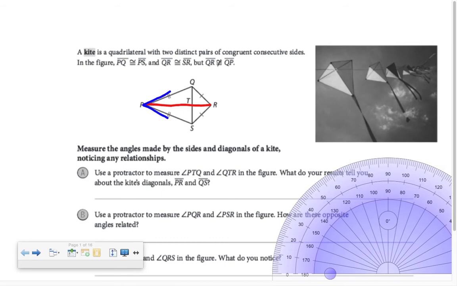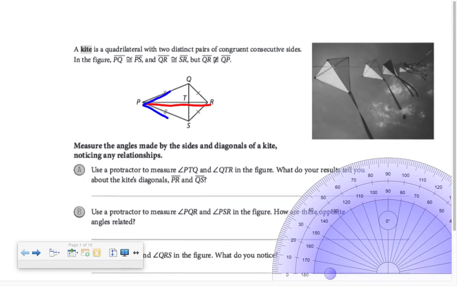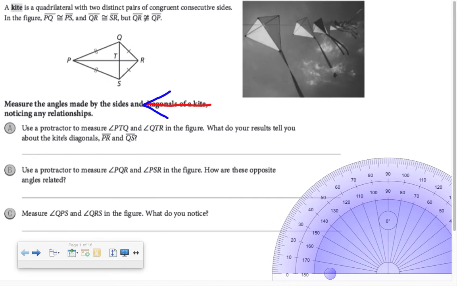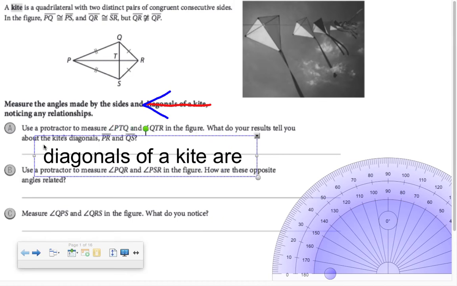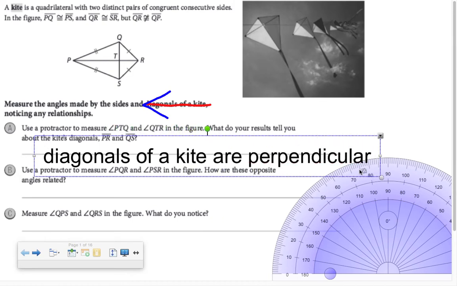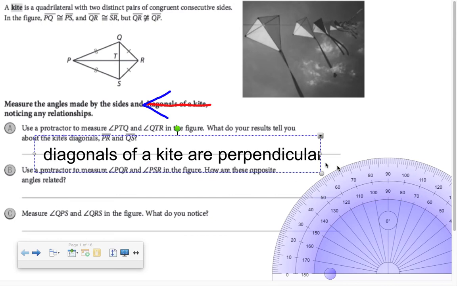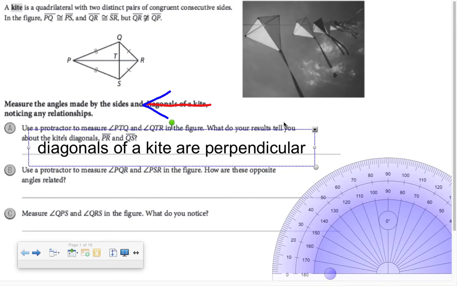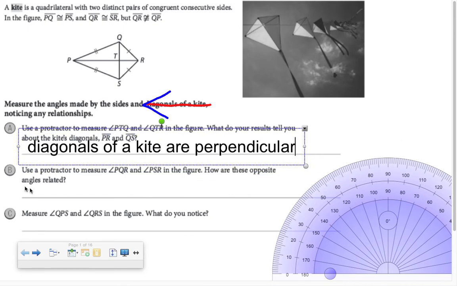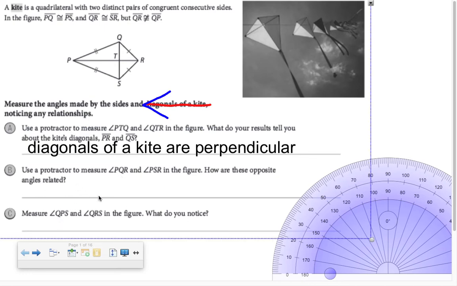Okay, so a couple of observations we've made. What do our results tell you about the kite's diagonals, PR and QS? Diagonals of a kite are perpendicular. And use a protractor to measure angle PQR and PSR.